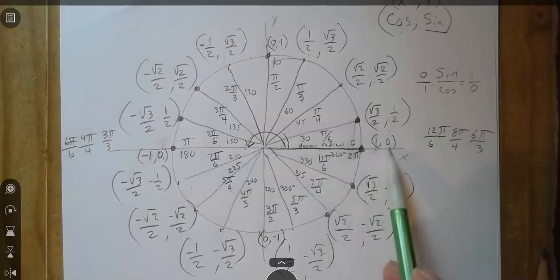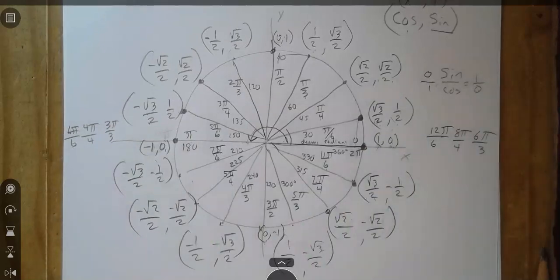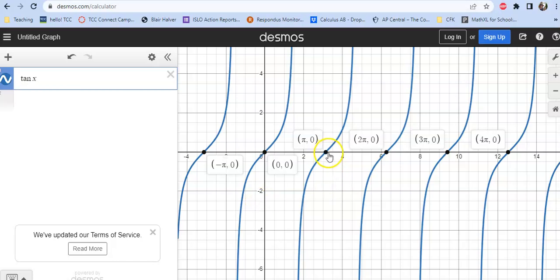So here at 0, my y is 0, so it's crossing the x-axis there at 0. So 0, pi, 2 pi, so forth. Okay, so that's our tangent.